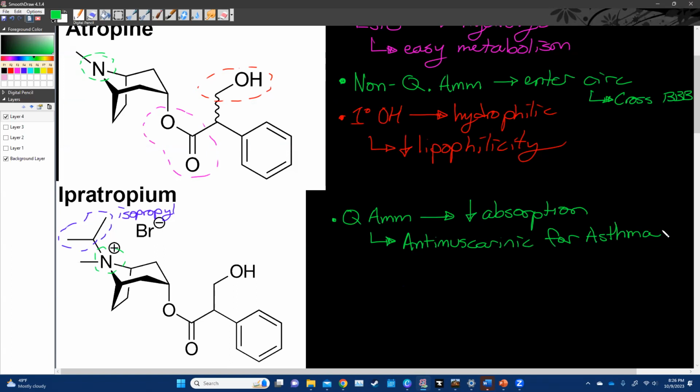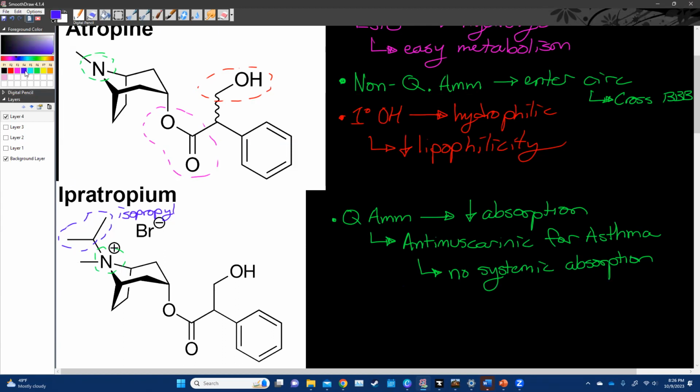What does this mean? Exactly. No systemic absorption or minimal systemic absorption. So if you had to give a patient atropine versus ipratropium for their asthma, which one are you going to give? You're going to give a drug that doesn't cross into the bloodstream and cause systemic effects.